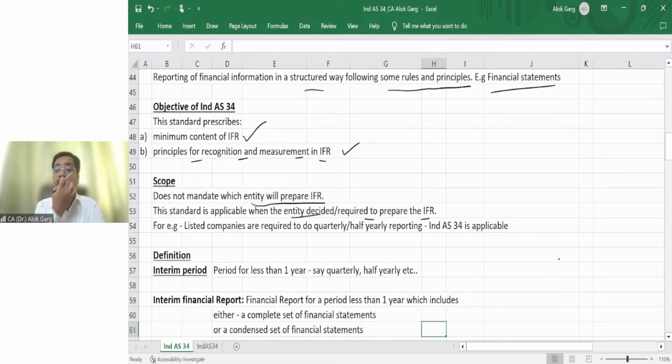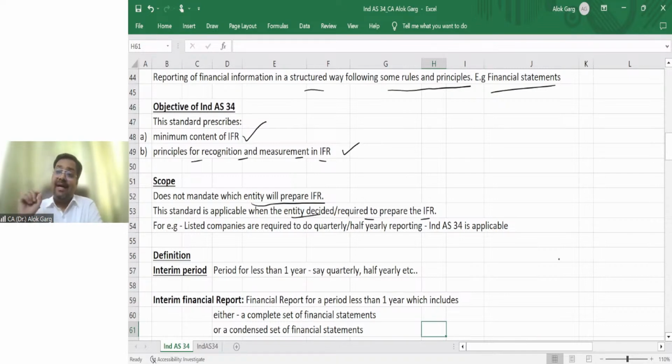For example, for good corporate governance, let's say the company has decided to publish its interim financial statement on its website, which can be freely accessed by anyone, by the regulators, by the users. The company is not a listed company, SEBI is not applicable, and no law mandates quarterly reporting for it.